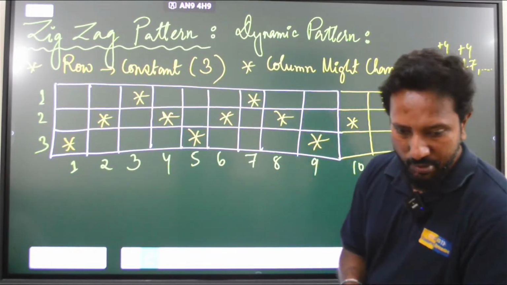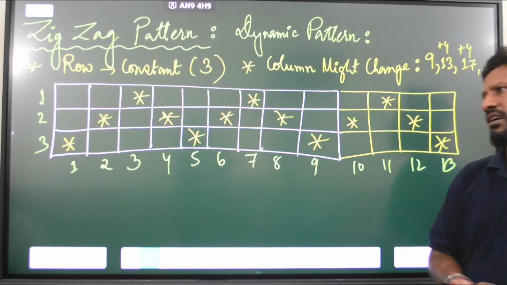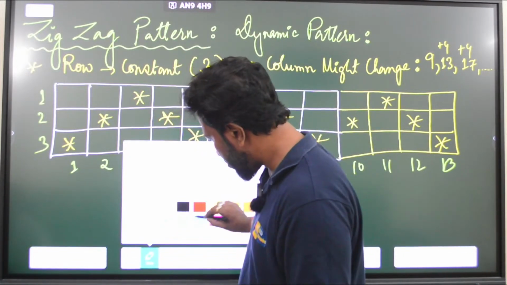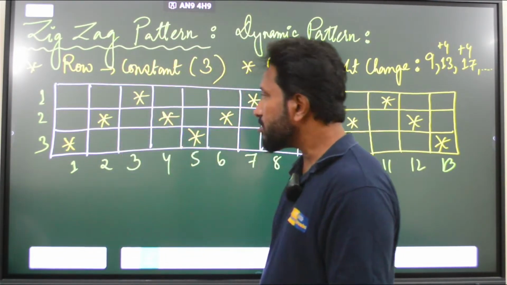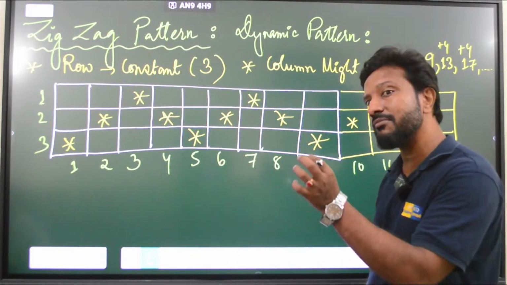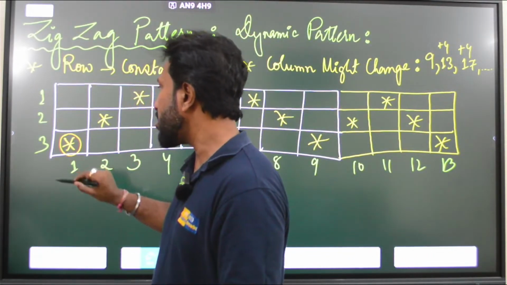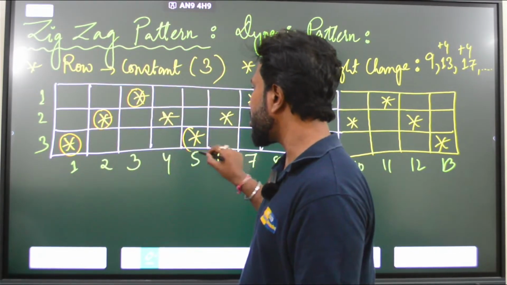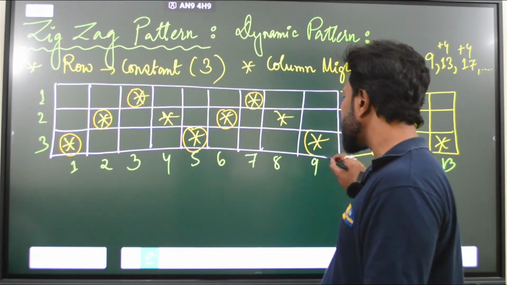Did anyone come up with anything? Any idea? Okay, let me just help you out. I will circle some stars. I am circling this star, this one, this one, this one, this one, this one, and this one.